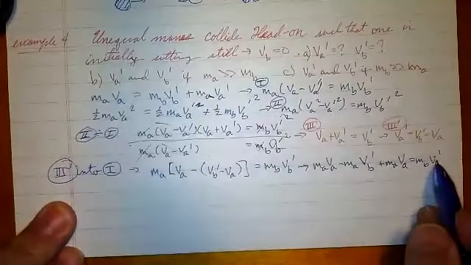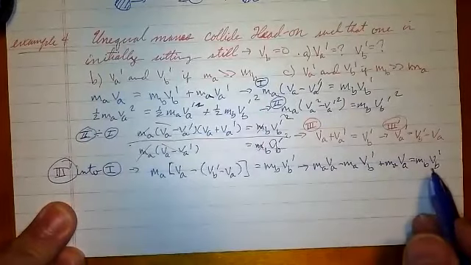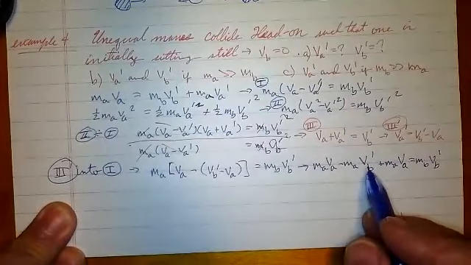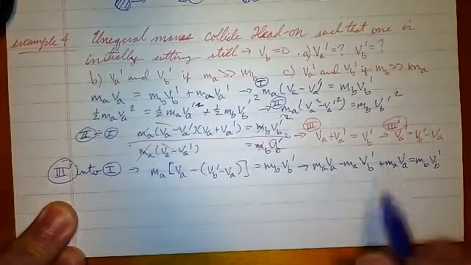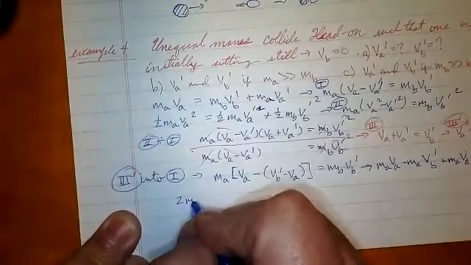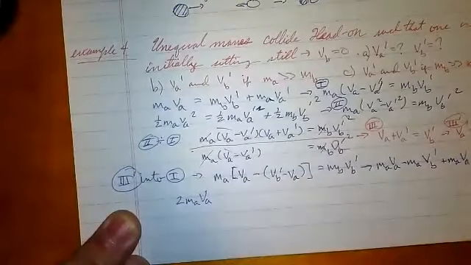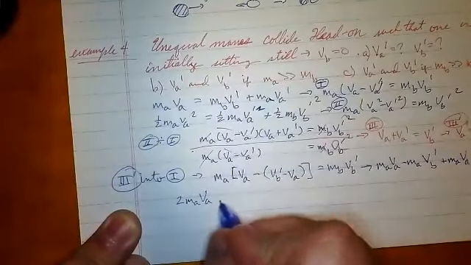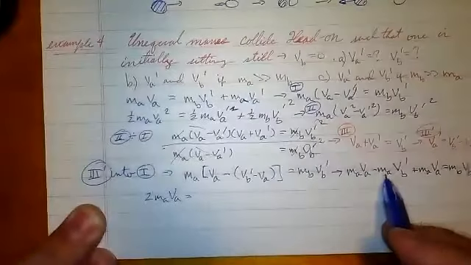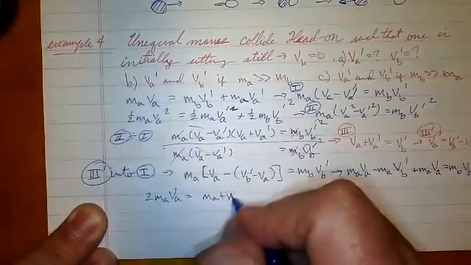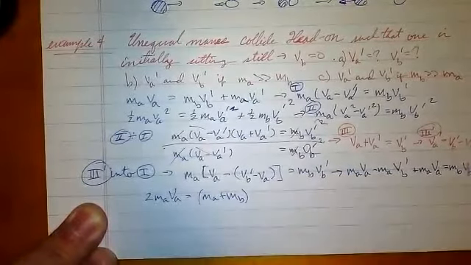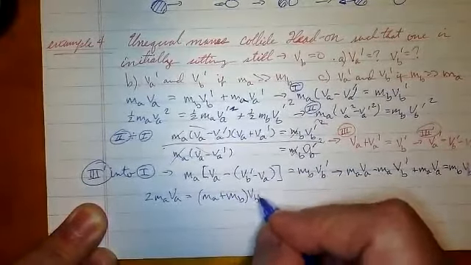Now you see that I only have one unknown, and that is in fact the VB prime. And in fact, I have 2MA times VA. So I have 2MA times VA is equal to, if I pull the VB over here, MA plus MB times VB prime.